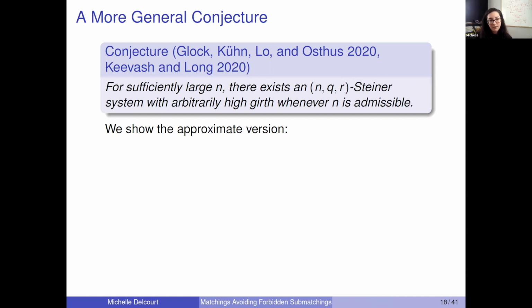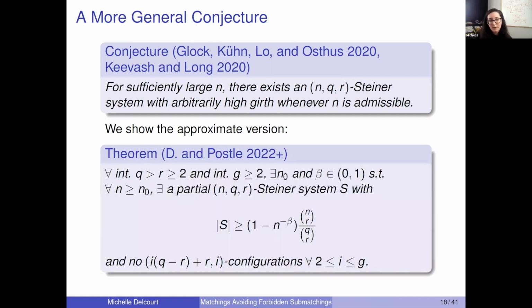And our main result is to show the approximate version. In other words, we can find partial Steiner systems of size 1 minus some error term times what the full ones would be that have no i, q minus r plus r, i configurations for i between 2 and g.